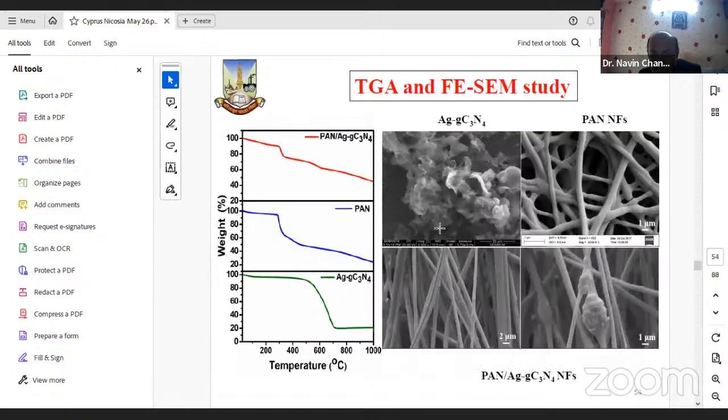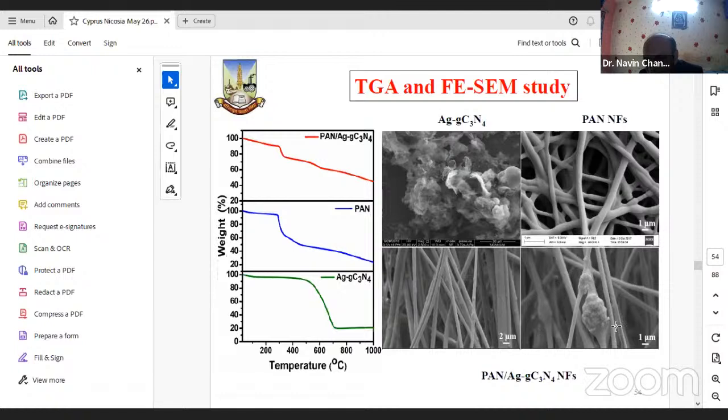This is the thermal stability and FESEM study of this material. PAN AGG C3 and 4 hybrid nanofibers are thermally more stable as compared to the PAN and AGG C3 and 4 nanoparticles. If we look into AGG C3 and 4, some gelatinous structure is observed, and the PAN nanofiber shows somewhere uniformity, somewhere fineness in the diameter.